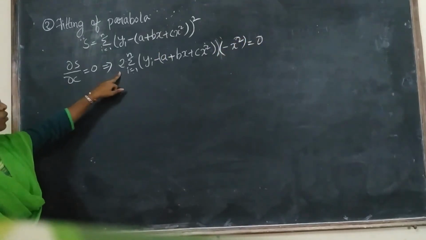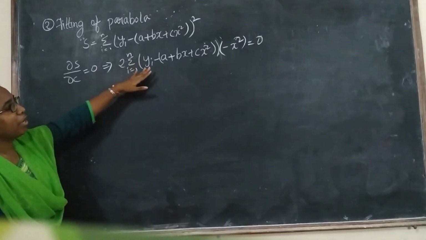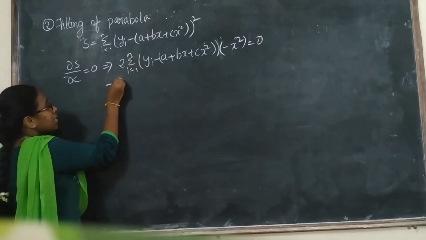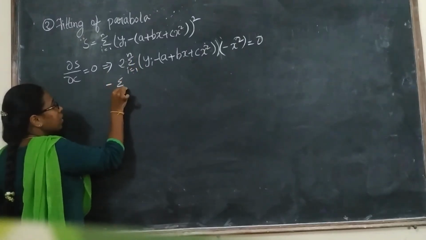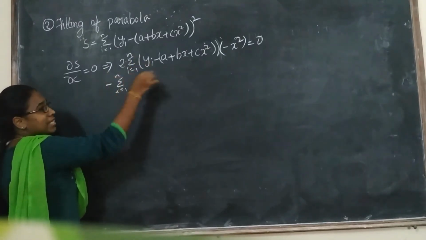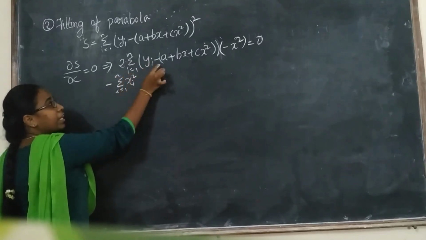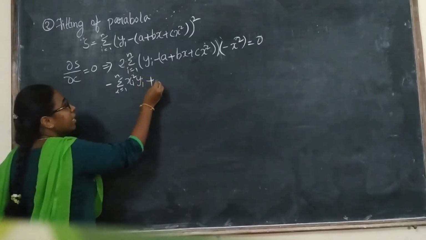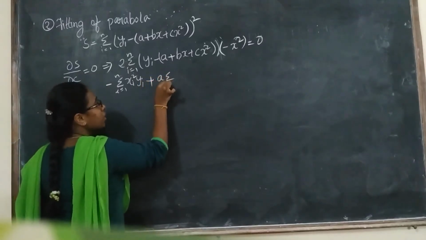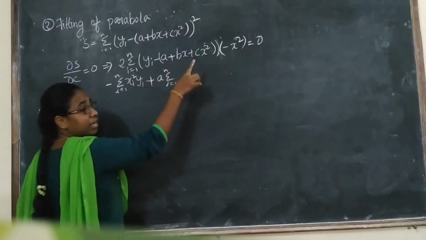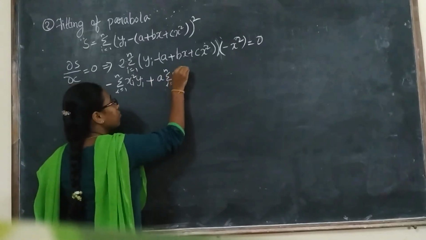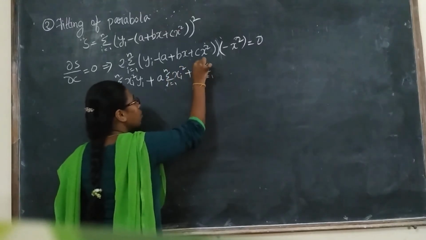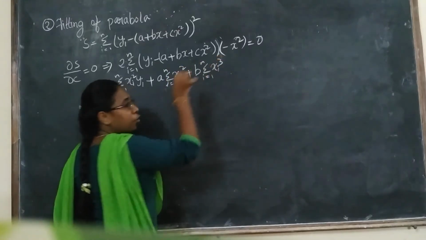So next, send 2 to that side and multiply minus summation xi square inside. You will get minus summation i equals 1 to n xi square into yi. Minus into minus, it is plus a into summation i equals 1 to n xi square plus b into summation i equals 1 to n xi cube.